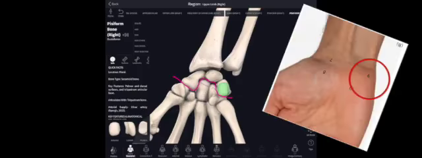If you try to find the styloid process first, and then on the ulnar side, move your finger distally towards your pinky, you feel this little bony protrusion, and that is your, not piriformis, pisiform. And if you put your hands on the floor or on a hard surface, that particular bone will hit against the floor.